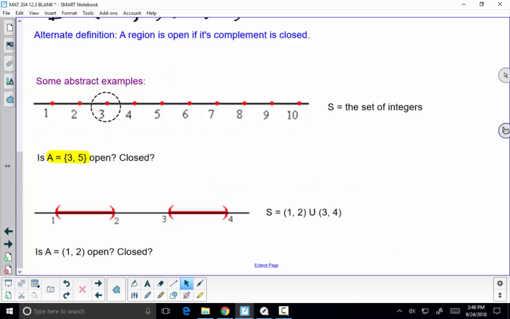Everybody agree with that? No matter how small you form that neighborhood, no matter how small you zoom in, it's going to contain points that are in this subset, namely the 3, and points that are outside the subset, 3.1, 2.9. So it's a boundary point if we're using the real line as the ambient set.